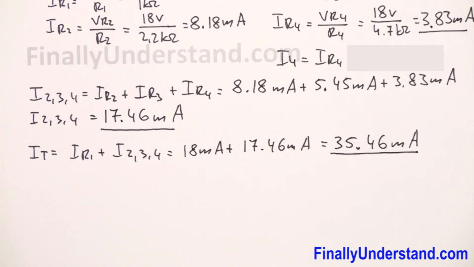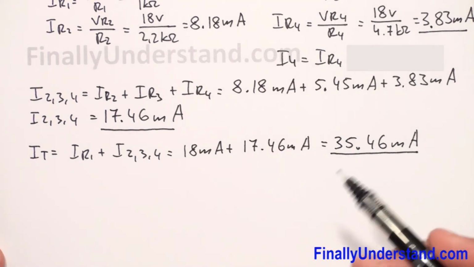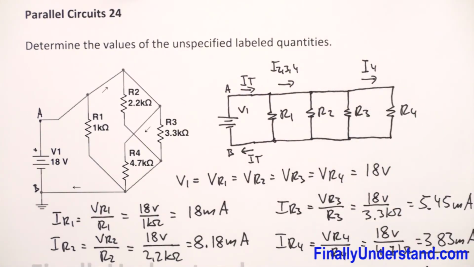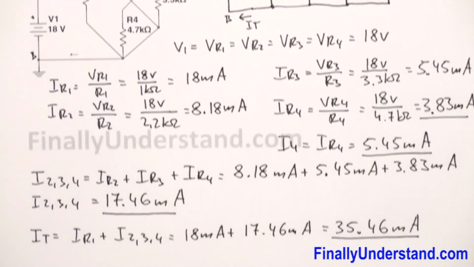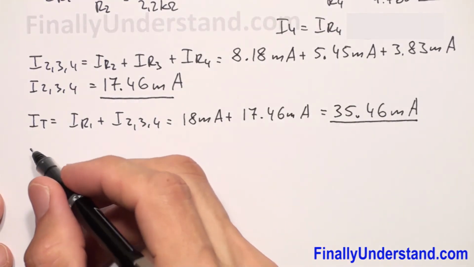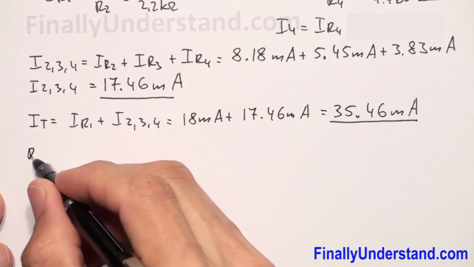Now next I'm going to verify if my answer is correct. Okay, I'm talking right now about checking if the value of I total is going to be equal to the value of I total, which I'm going to find in a little bit different way. So first of all, I'm going to find the total resistance.